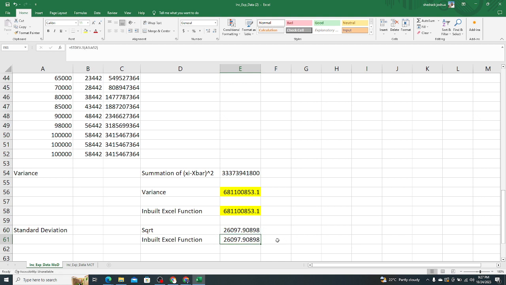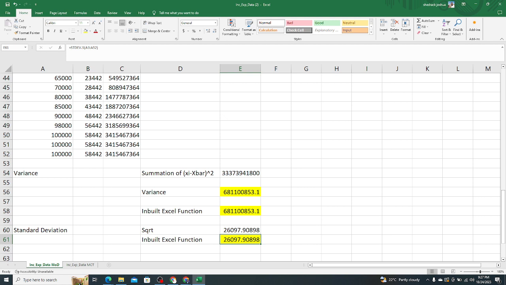Now when it comes to standard deviation, what does this value mean? Someone?